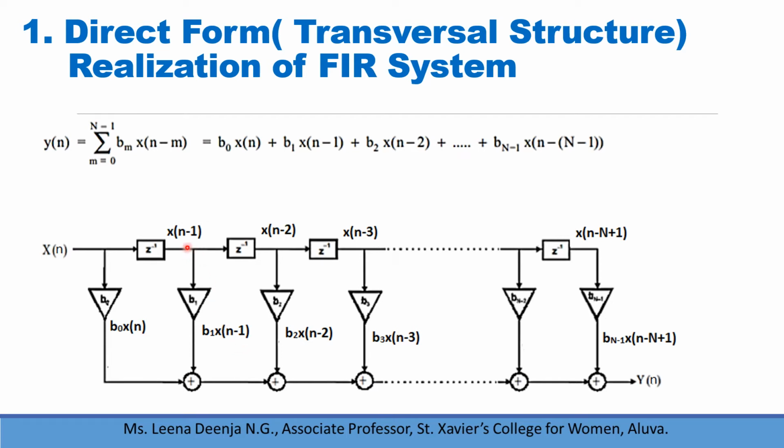Then again take the inverse Z transform of x of n minus 1, so we get x of n minus 2. Multiply it with b2, so here it is b2 x of n minus 2. Continue this till we get x of n minus N plus 1 and multiply it with b N minus 1. Add all these terms together, then we get the output as y of n.